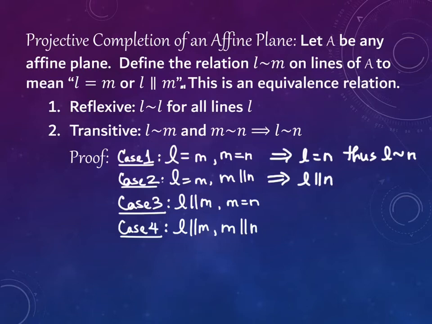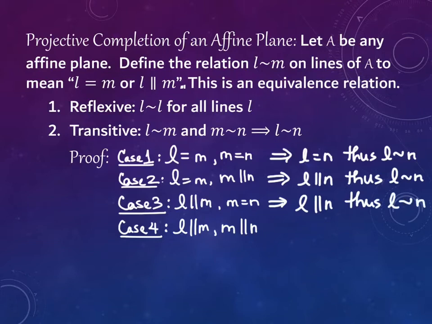So if L and N are parallel, we can conclude that L is in the same equivalence class as N, because that was one of the two ways that they could be in an equivalence class together. Case 3 is exactly the same thing, right? If L is parallel to M and M is equal to N, then L is parallel to N. So I told you those three were going to come really easily. The last one's more difficult.